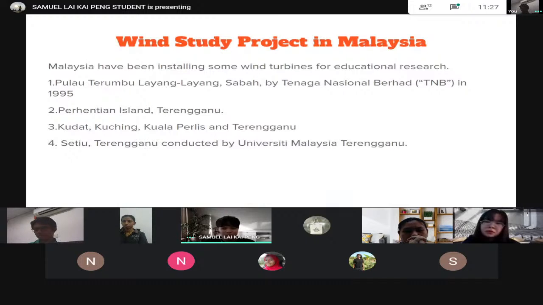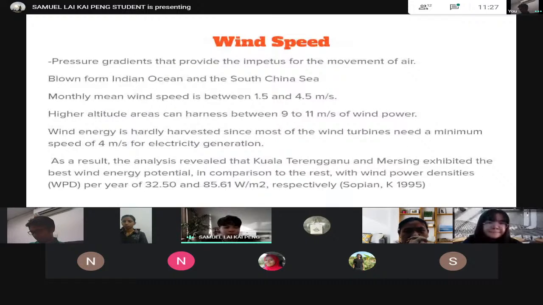Okay, next. Let's talk about the wind speed. As we know, speed is the distance we can travel in a certain time. And the wind speed is the pressure gradient that provides the impetus for the movement of the air. So, from the research, we know that our wind blows from the Indian Ocean and the South China Sea.